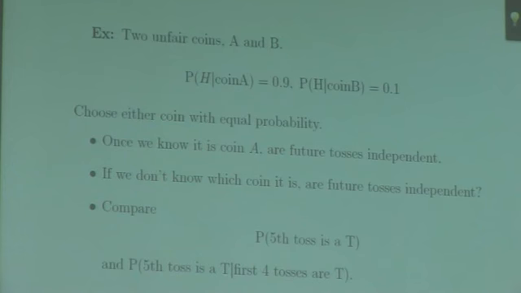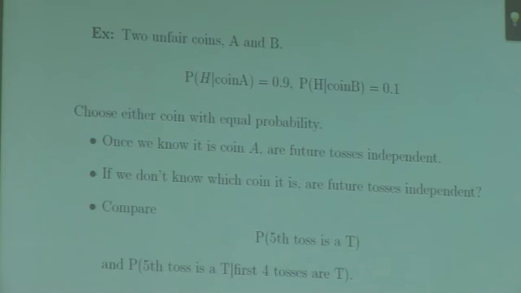Now, here is a randomized algorithm for coin tossing. I choose either coin with equal probability. So I first toss a fair coin. Depending on the result of the fair coin toss, I pick either coin A or coin B. And I continue the rest of the experiment with that coin that I picked.